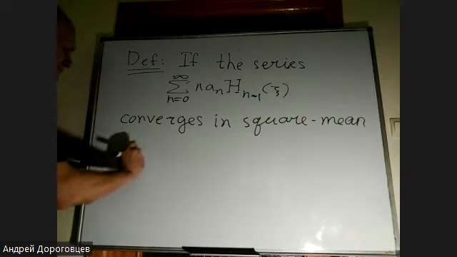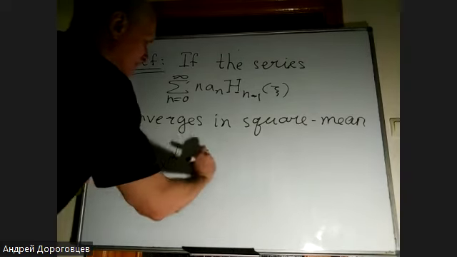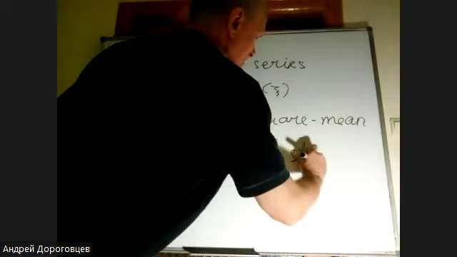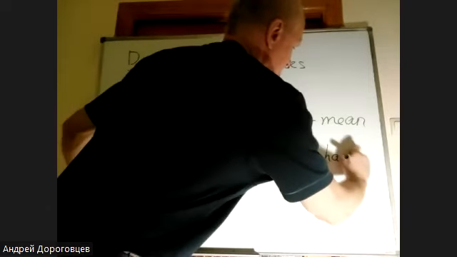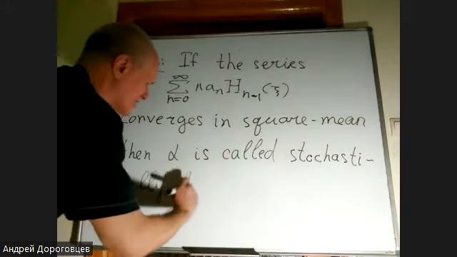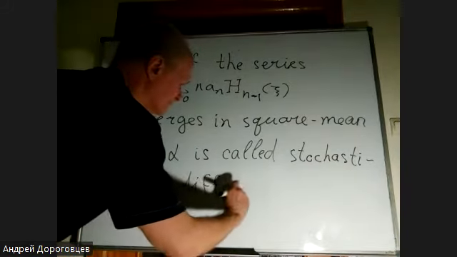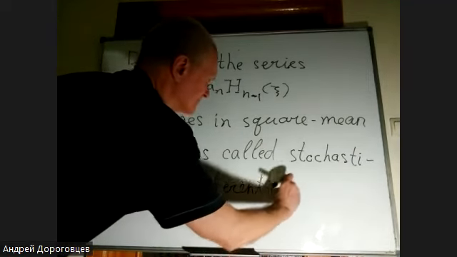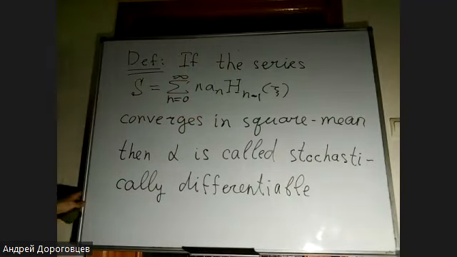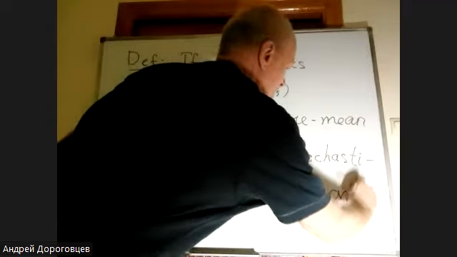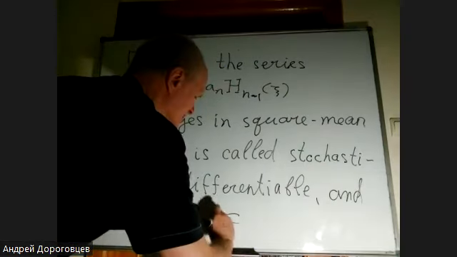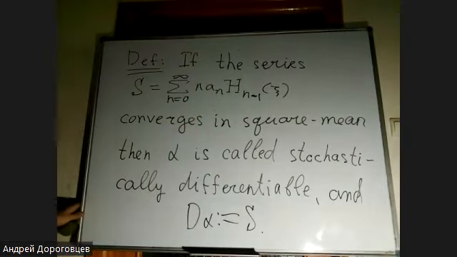then alpha is called stochastically differentiable, and the stochastic derivative of alpha, d alpha, is by definition equal to this.